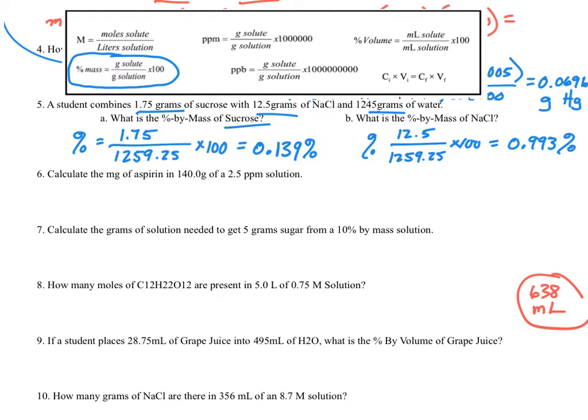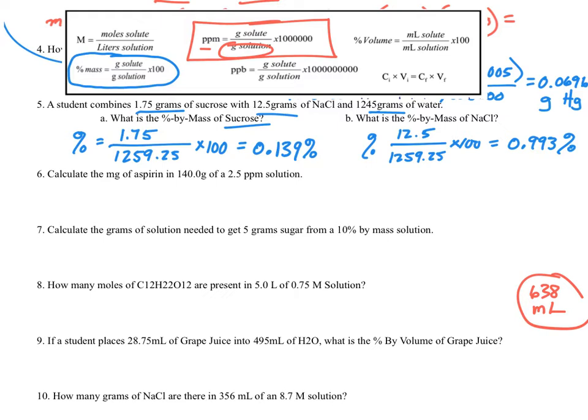Number 6, calculate the milligrams, mg, of aspirin in 140 grams if it's 1.5 parts per million. So we're looking at our parts per million equation, and I want to find the milligrams of aspirin in 140 grams. All right, now the 140 grams is the grams of solution. So we have our parts per million, and we have our grams of solution.